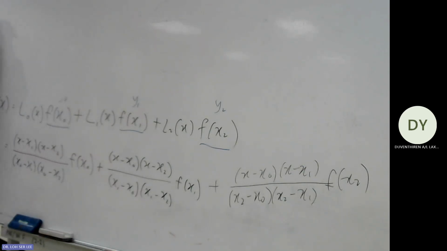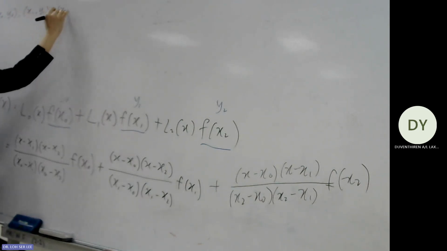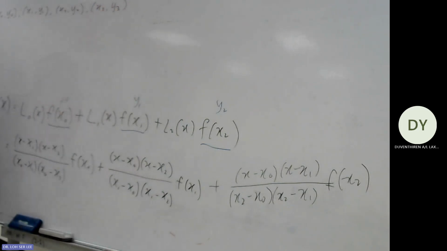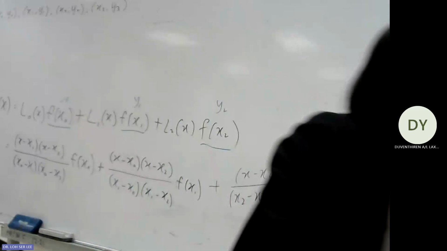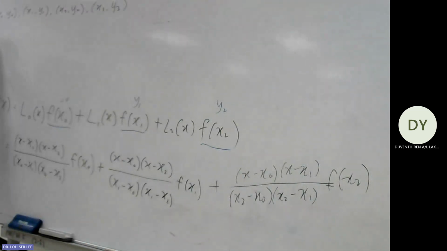Now let's say we have 4 points: x0 y0, x1 y1, x2 y2, and x3 y3. So our F3 will be, you have to come up with your L and f.